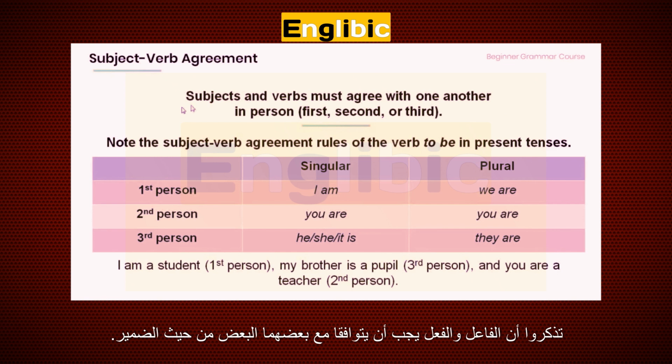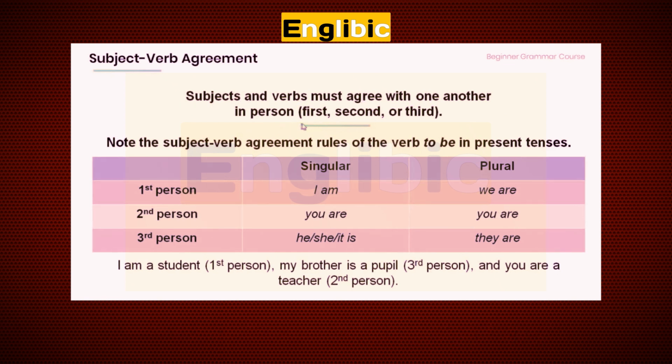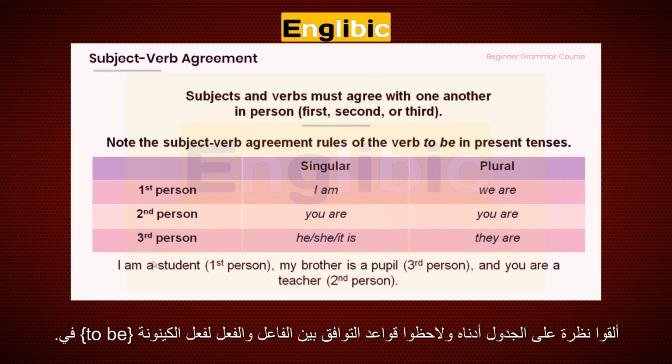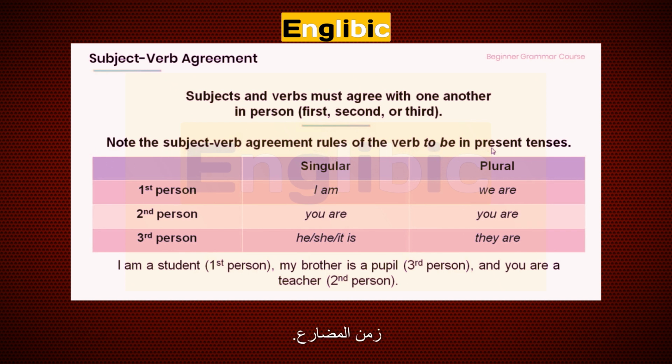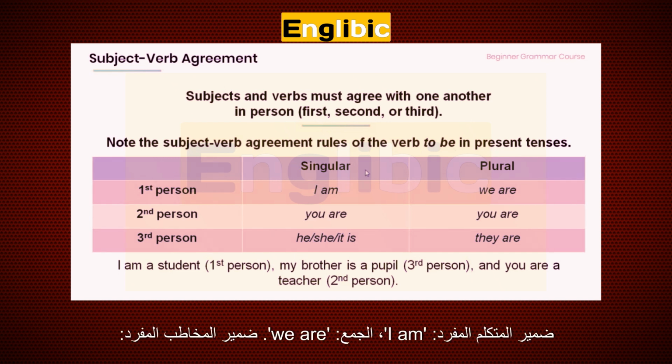Remember that subjects and verbs must agree with one another in person, first, second, or third. Have a look at the table below and note the subject-verb agreement rules of the verb to be in the present tense. In the first person, singular, I am.